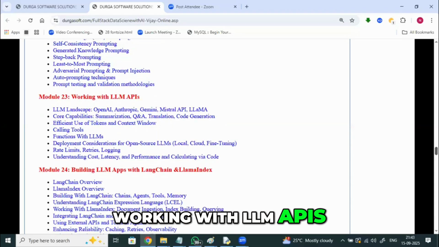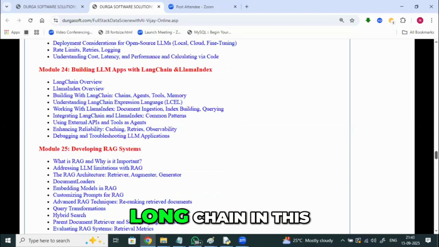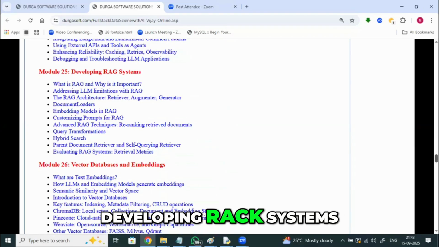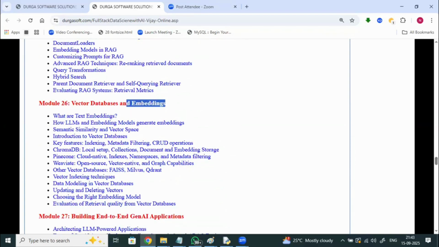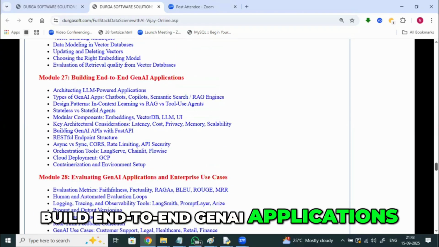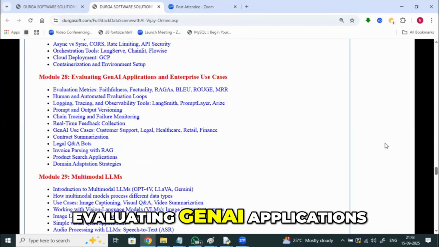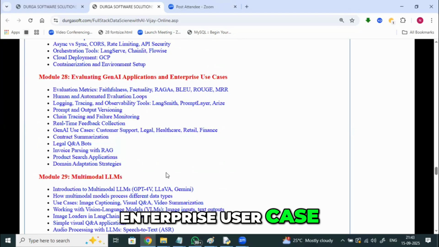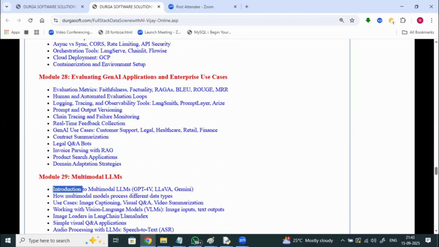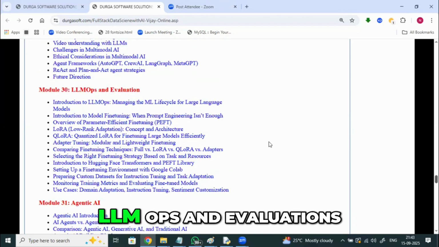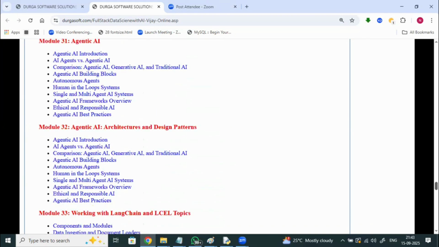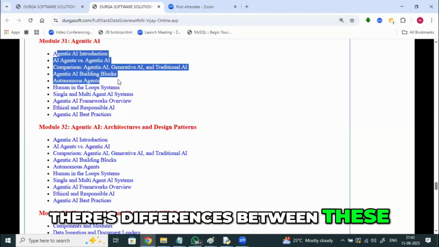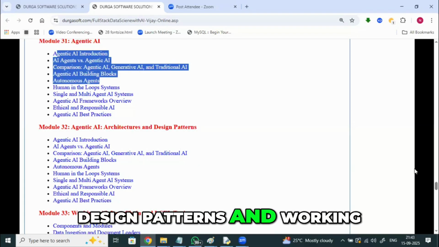Working with LLM APIs, building LLM apps with LangChain, developing RAG systems, vector databases and embeddings, building end-to-end Gen AI applications, evaluating Gen AI applications, enterprise use cases, and multimodal LLMs, LLMOps and evaluations, agentic AI, agents, the differences between agentic AI architecture and design patterns, and working with LangChain.